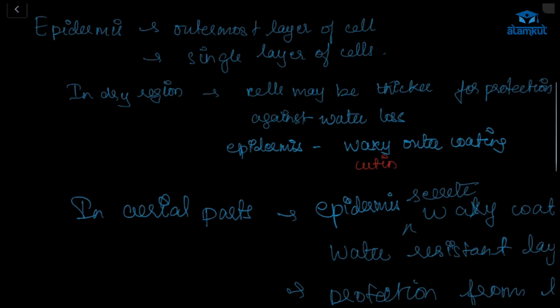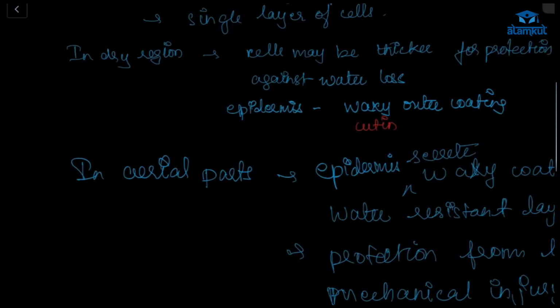This will make the epidermis thicker, and this will protect because it is thicker. There won't be much water loss, because it contains stomata also, right? It will stop the stomata from water loss. Through stomata only water loss happens, right? So it will be thicker. Understood, right, everyone? Yes, ma'am.